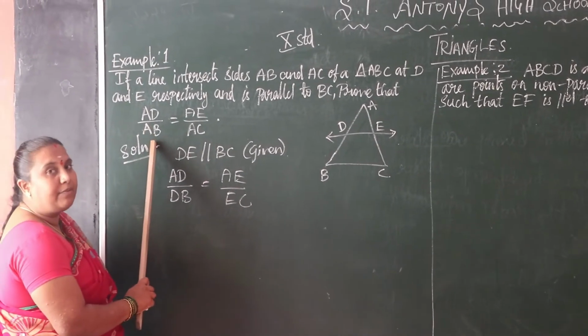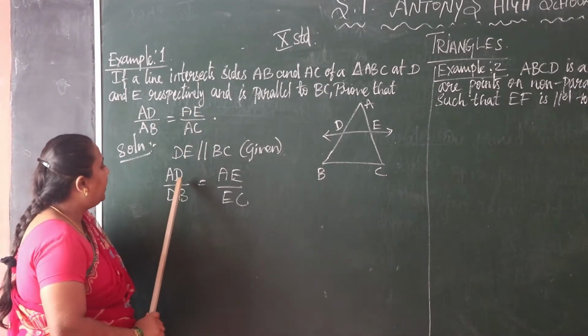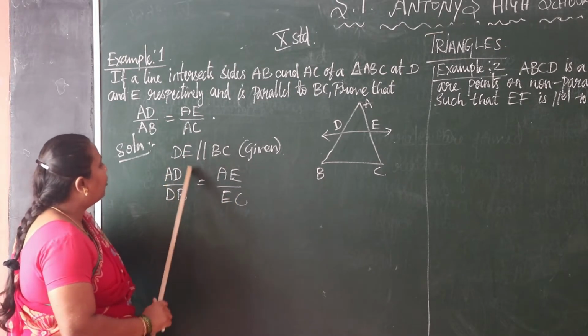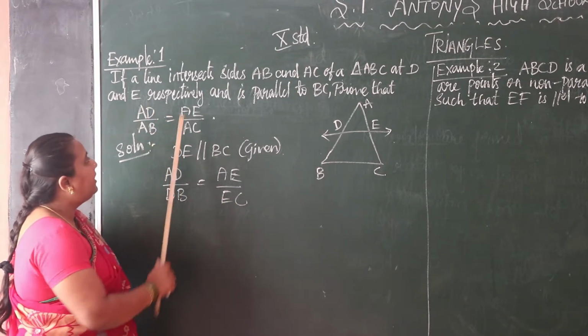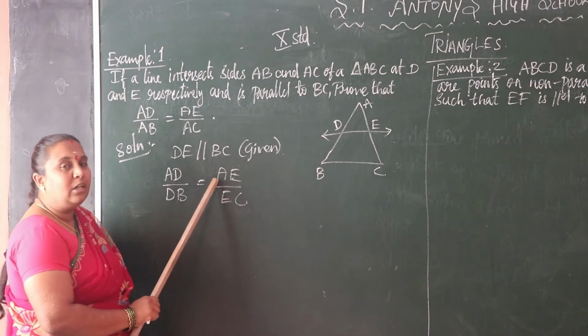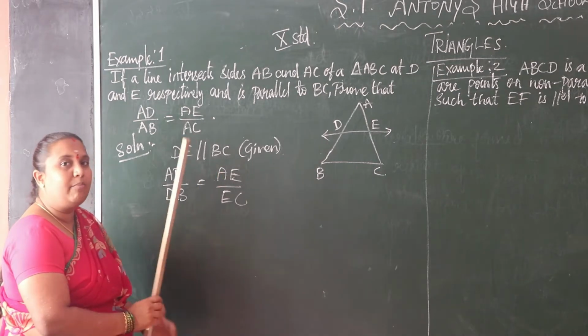Then from this we have to get what we want to prove here, AD by AB equals AE by AC. Here we have AD by DB equals AE by EC. We want AD and AE in the numerator, so we interchange the numerator and denominator.